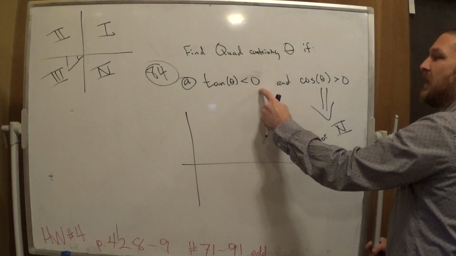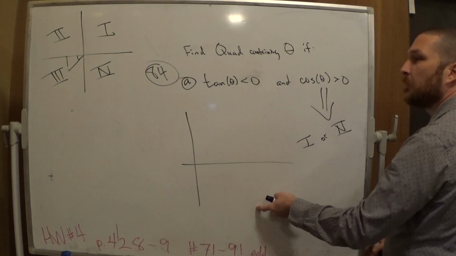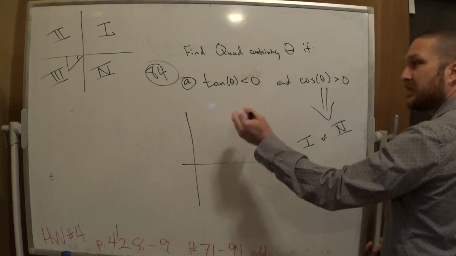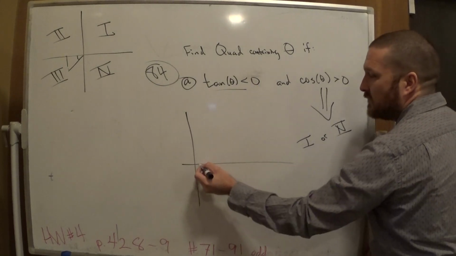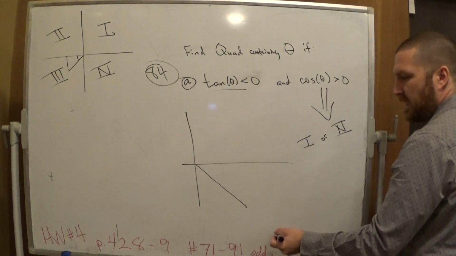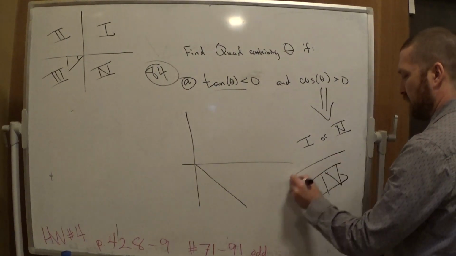Now we just have to figure out in which one of these is tangent negative. 1 would be all positive, so that wouldn't happen, and so it must be down here. My guess is that it's in 4.